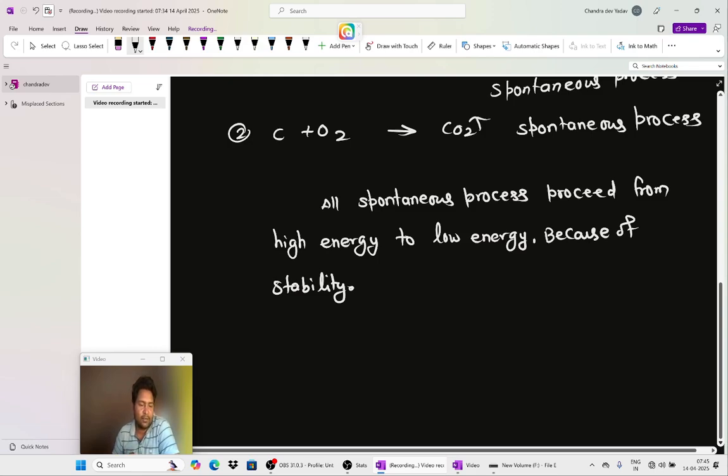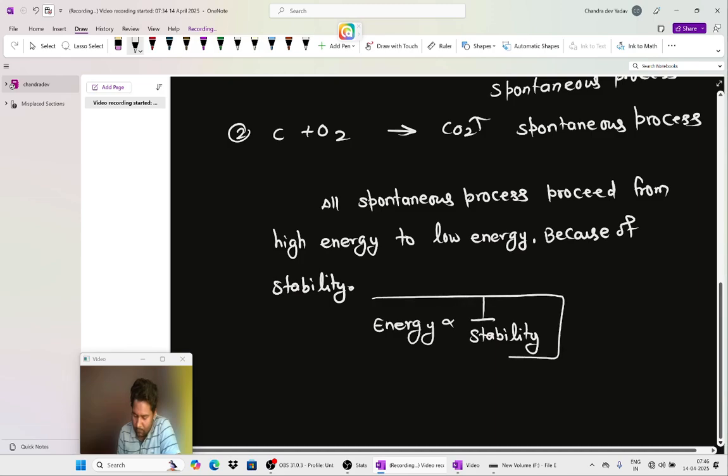We can write here: energy is inversely proportional to stability. And every system, every process requires stability.